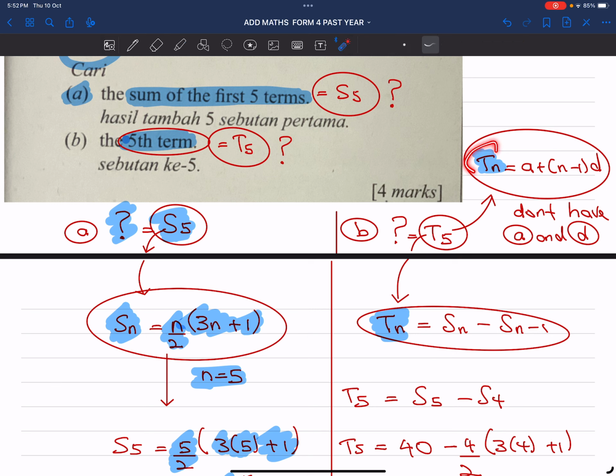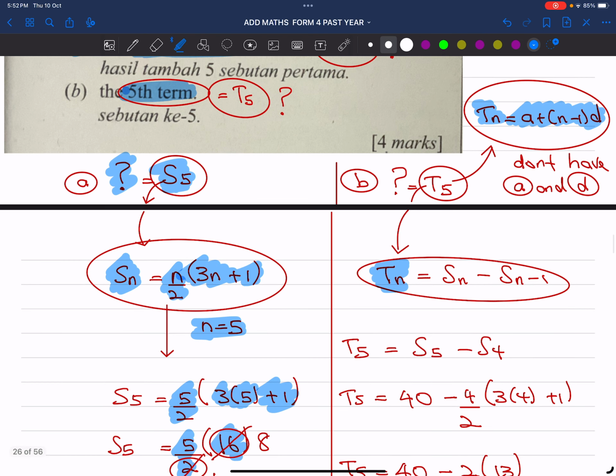One is the formula Tn equals a plus n minus 1 d, from the notes. Another one is Tn equals Sn minus Sn minus 1.